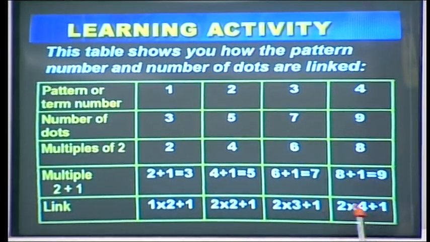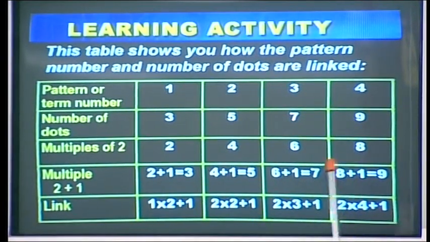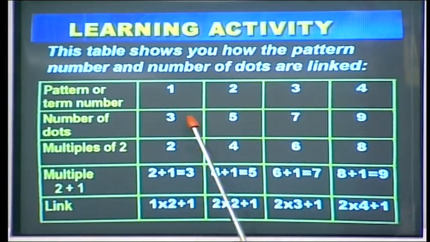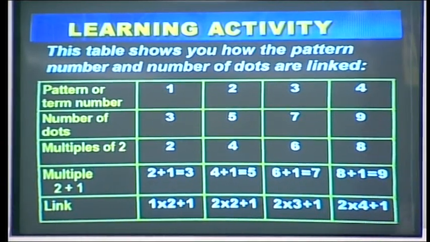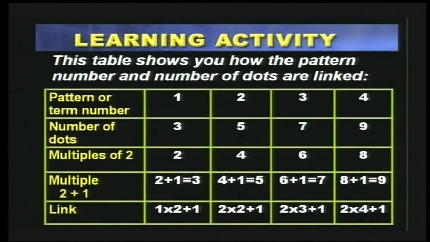This is how you can relate these 3 rows here to come up with the number of dots when you are drawing your patterns. Okay, we will still continue from here.